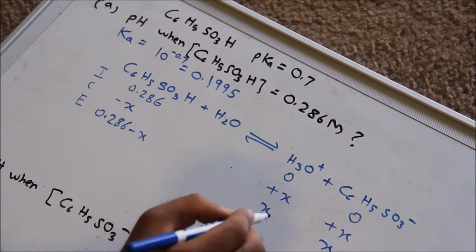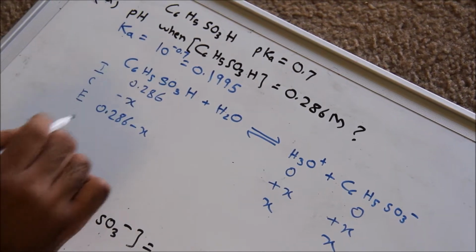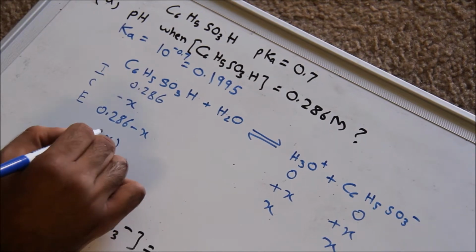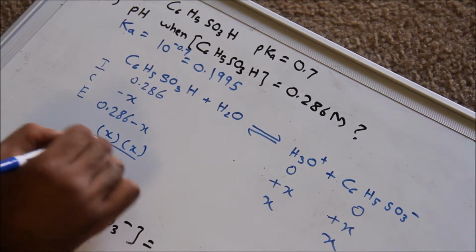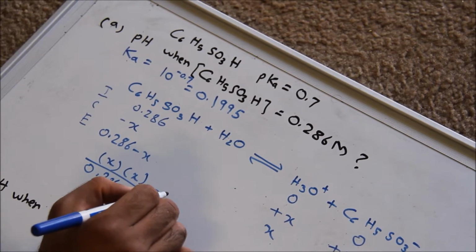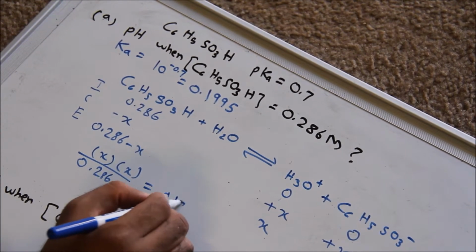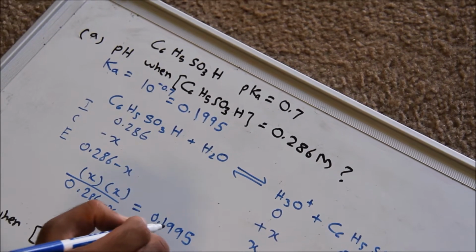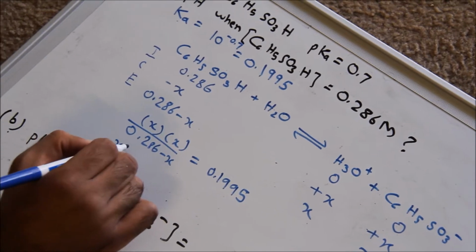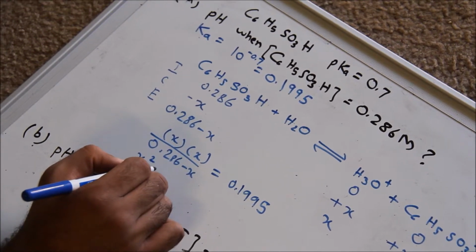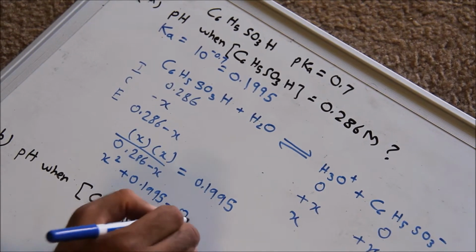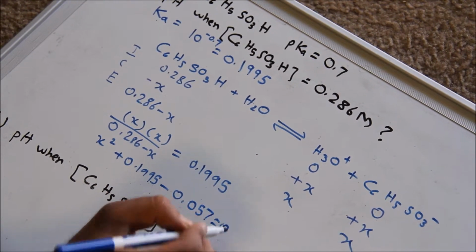Now we know that products over reactants will equal Ka, so all we have to do is just set up that equation, and that will be x times x over 0.286 minus x equals 0.1995. So if we simplify the equation a bit, we get the quadratic form x squared plus 0.1995x minus 0.057 equals 0.